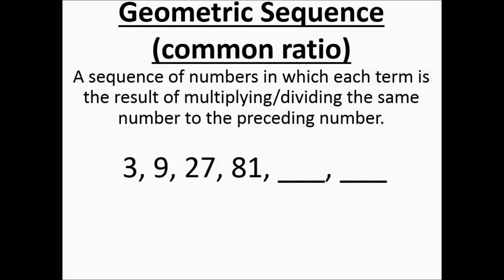We're not adding the same thing. What we're doing is we're multiplying each number by 3 to get the next number. So 3 times 3 gives you 9, 9 times 3 is 27, 27 times 3 is 81, 81 times 3 gives you 243, and then taking that one times 3 gives you 729.